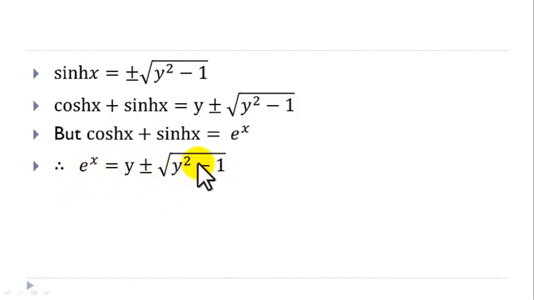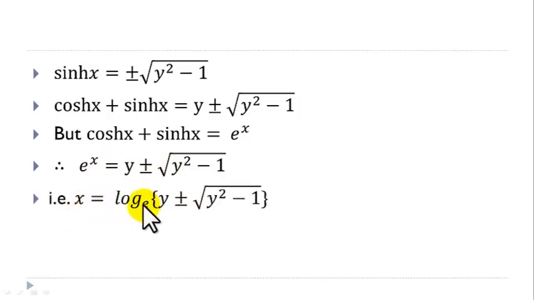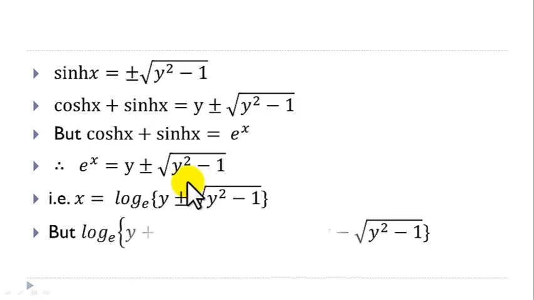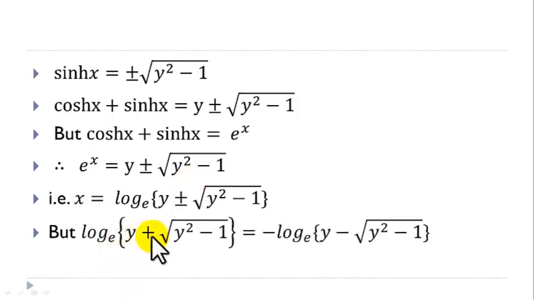Taking the natural log of both sides of this equation, we obtain x is equal to the natural log of y plus or minus the square root of y squared minus 1. But the natural log of y plus the square root of y squared minus 1 can be shown to be equal to minus the natural log of y minus the square root of y squared minus 1.